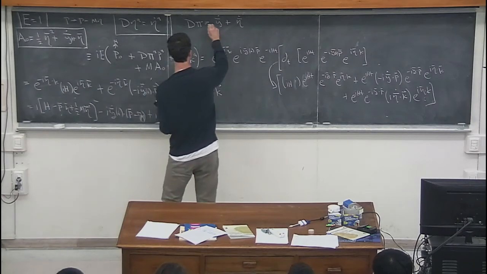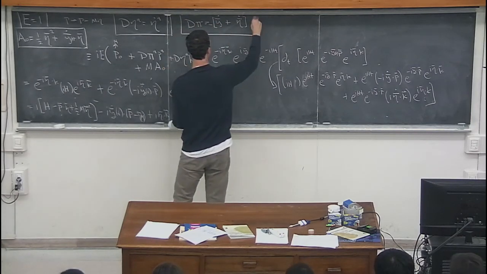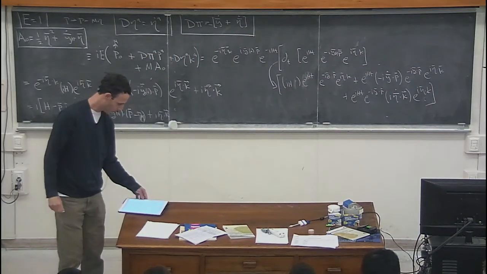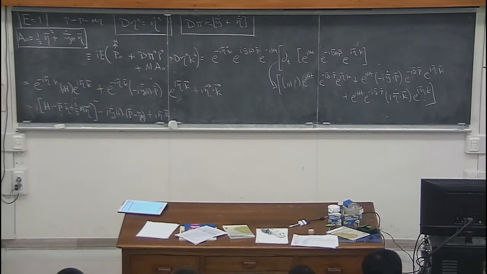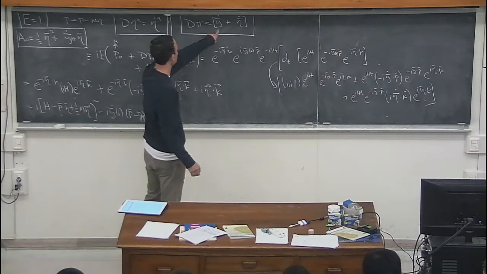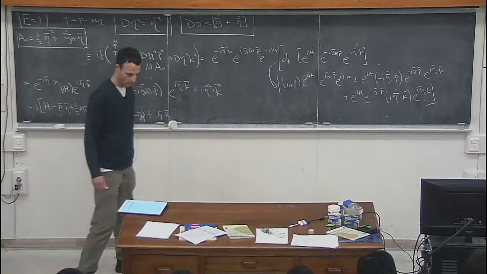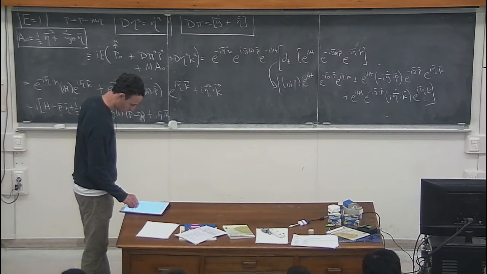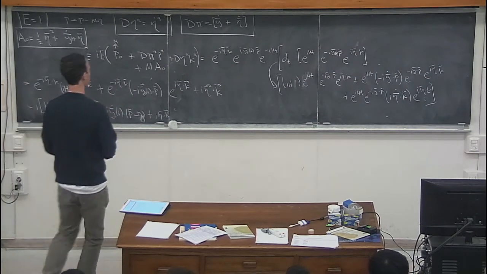I guess it's an overall minus sign. So the analog of the pion now is this linear combination of y dot and eta. No, there's no dot on the eta, sorry.